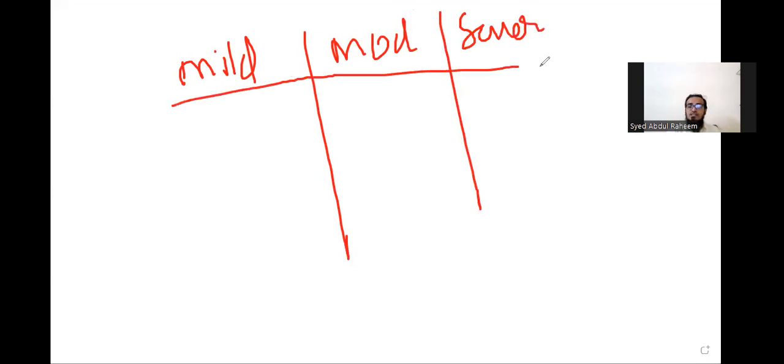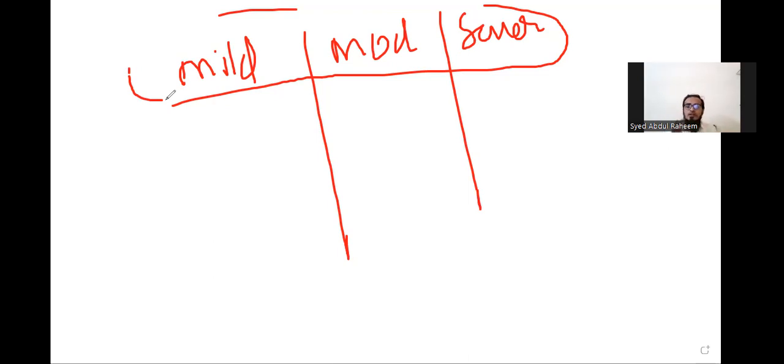You have to ask the patient about the history: from how many days, what the onset is, whether it is morning, afternoon, or night. We will talk about different types of fevers also, like typhoid fever, malaria fever, and dengue fever, to differentiate the symptoms.